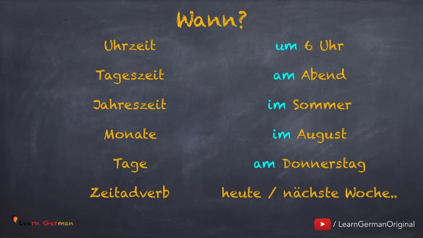It can be Tageszeit, for example, am Abend, or Jahreszeit, for example, im Sommer. It can be Monate, im August, or a day, for example, am Donnerstag. Or it can be Zeitadverb, for example, heute, nächste Woche, etc.